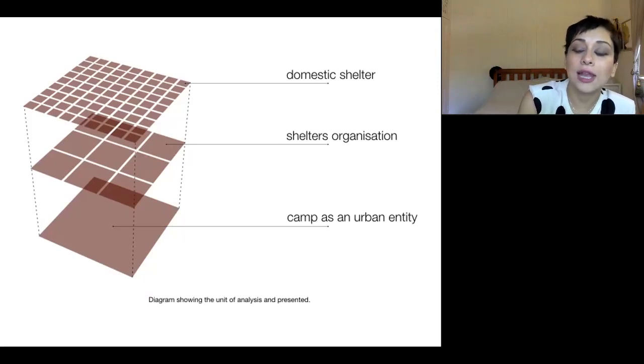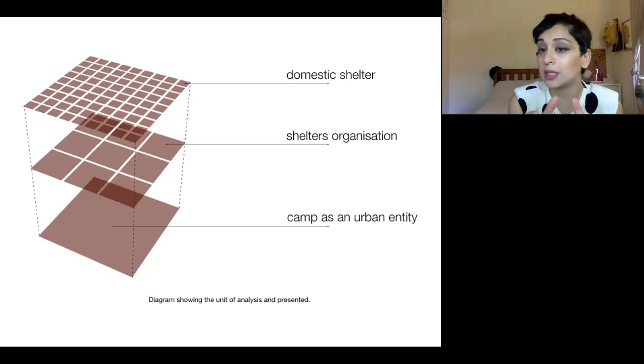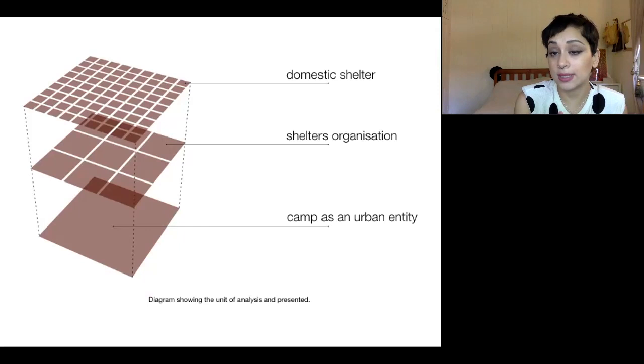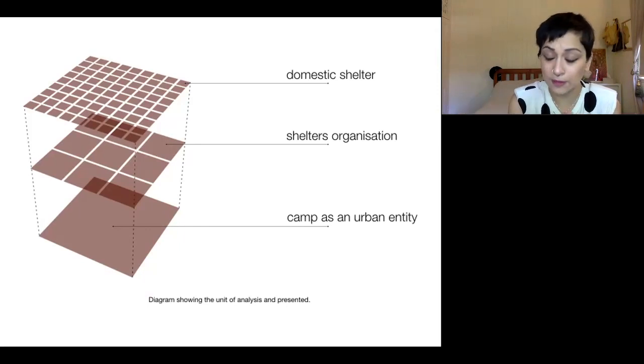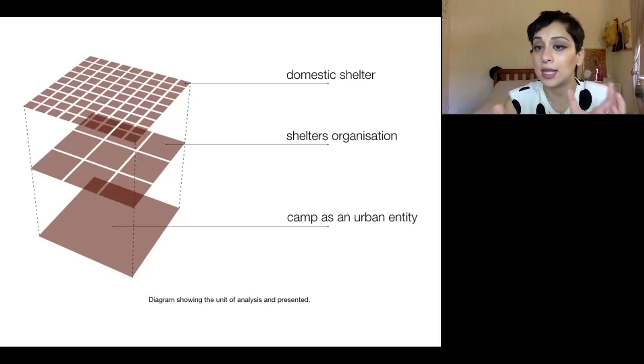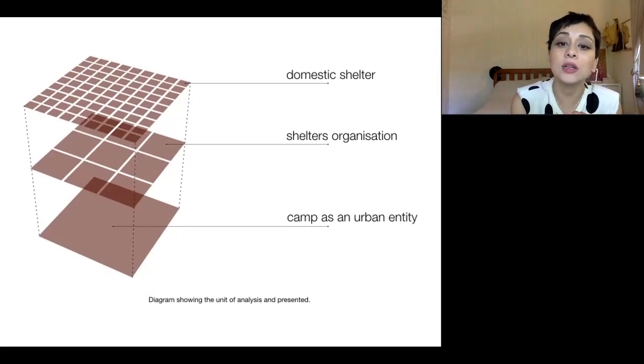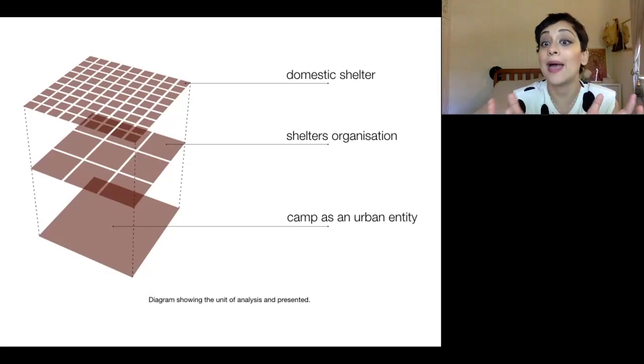And level number one is the domestic shelter, which I will focus on in this presentation, but I will introduce you to the other levels very briefly. So the domestic shelter is the smallest unit of the camp, and then how the shelter organization, how shelters relate to each other in clusters, and then the camp as one single urban entity.